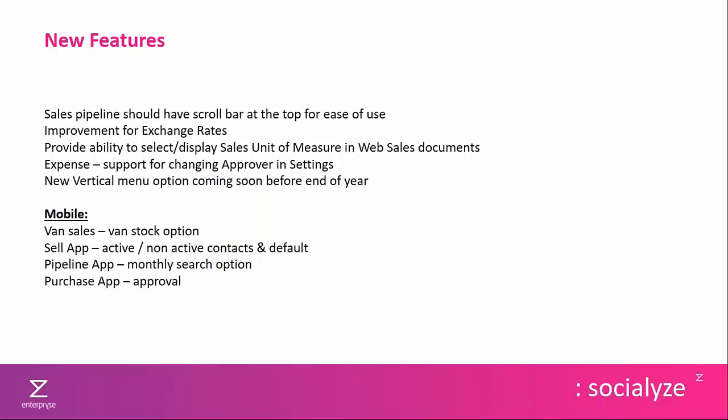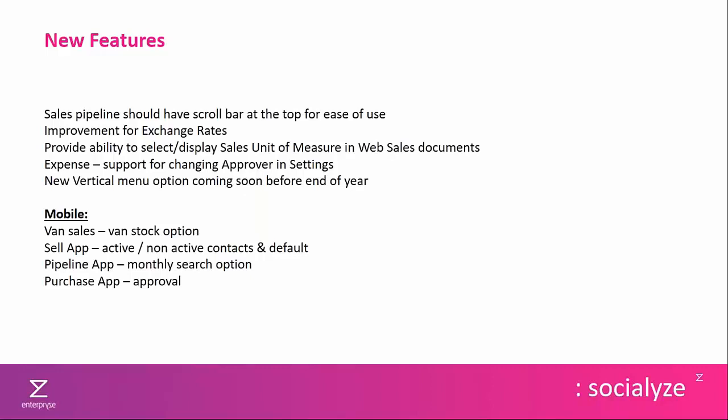And then from a mobile viewpoint, a couple of good changes in this. Looking at van sales, the stock option to just view your own stock within your van, for example. We can also now make customers active or non-active, and make a customer or the contact a default person as well. Pipeline, we can now search on monthly, or we can do a current month, future month.